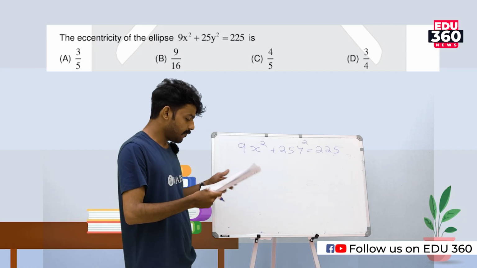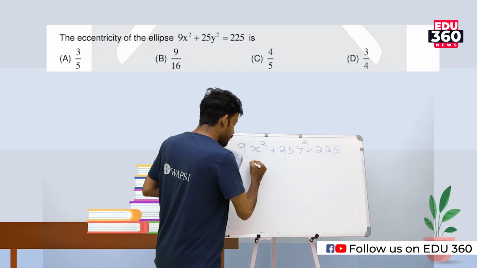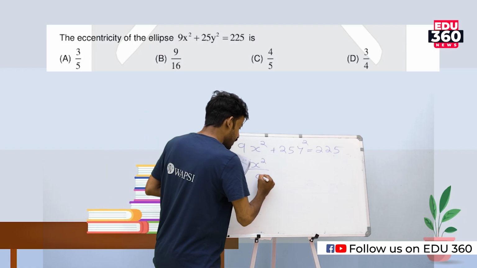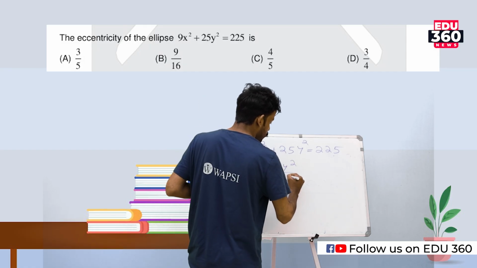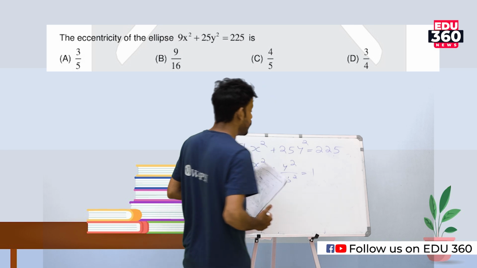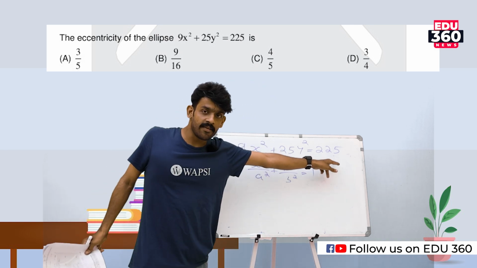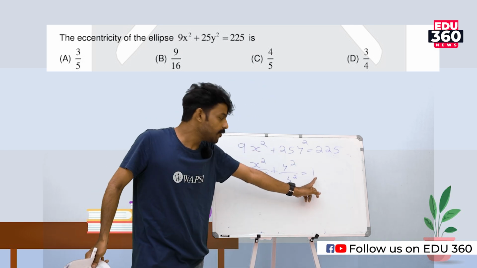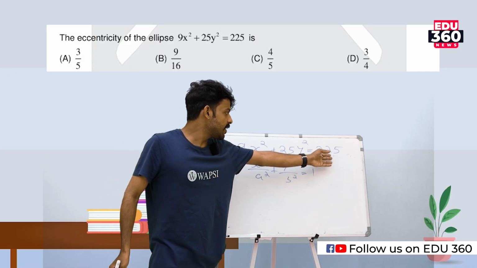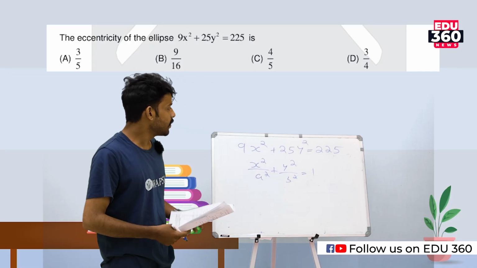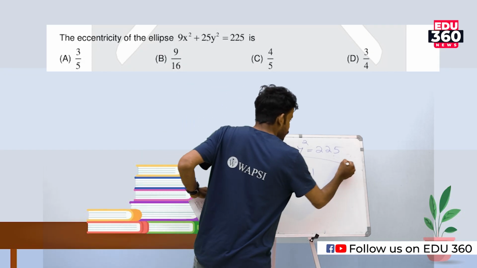So first of all, we know that the standard equation for an ellipse is x square by a square plus y square by b square is equal to 1. In the standard form, the right hand side is 1. So we can make this in standard form.